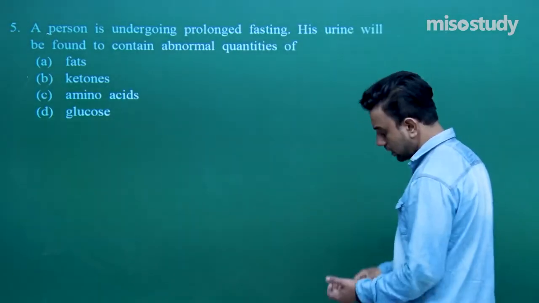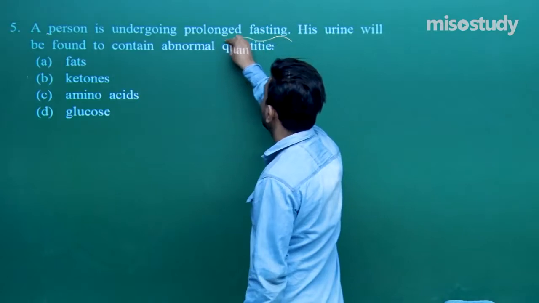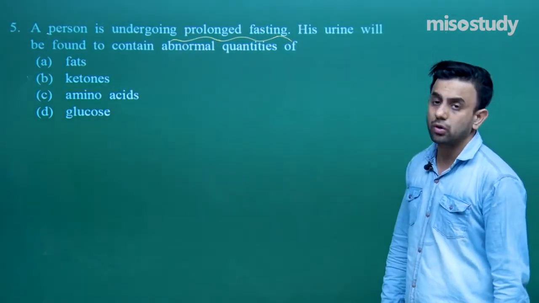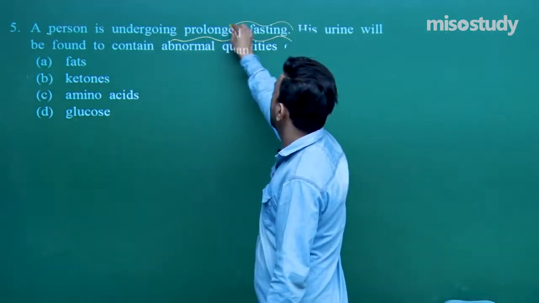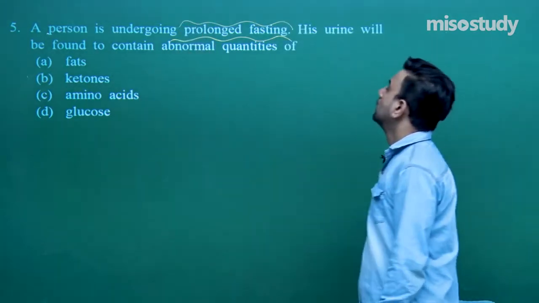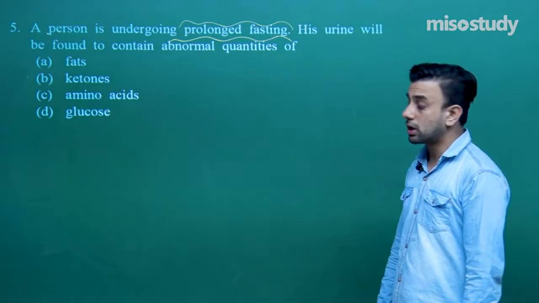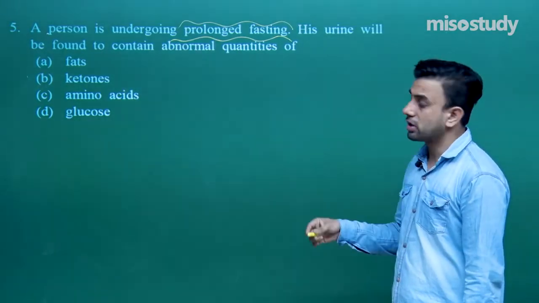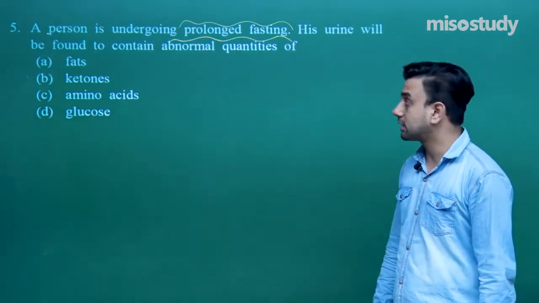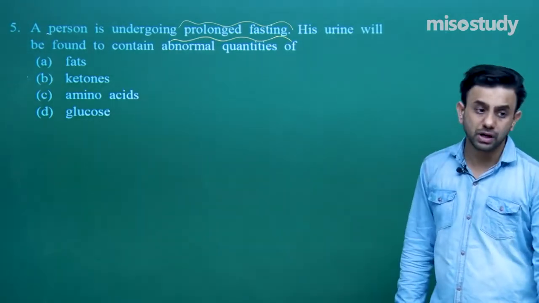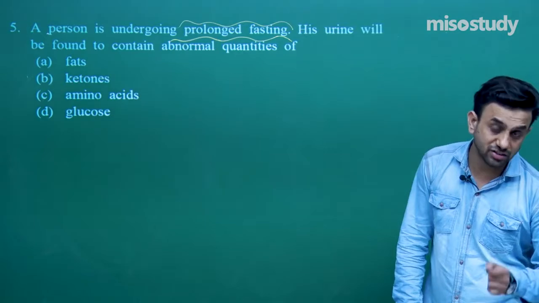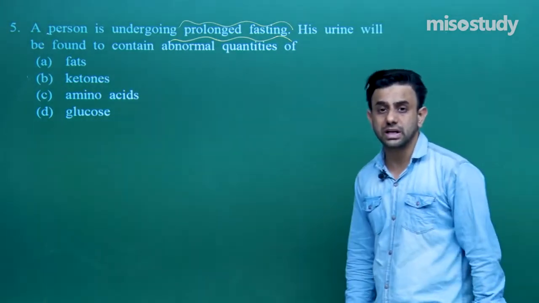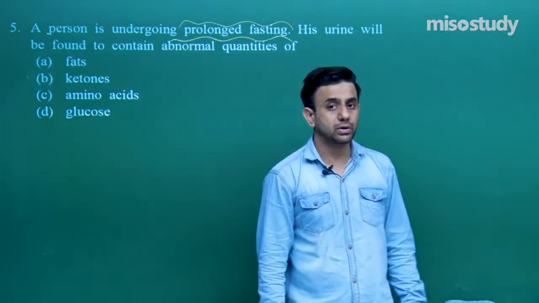When a person is undergoing prolonged fasting, mark the word prolonged, what has happened? The carbohydrate reserve will be lost. Since the person is not starving for a very long time and it is fasting, the fat deposits will be utilized, not the protein. Protein breakdown happens only in too much starvation, when the body starts getting emaciated.